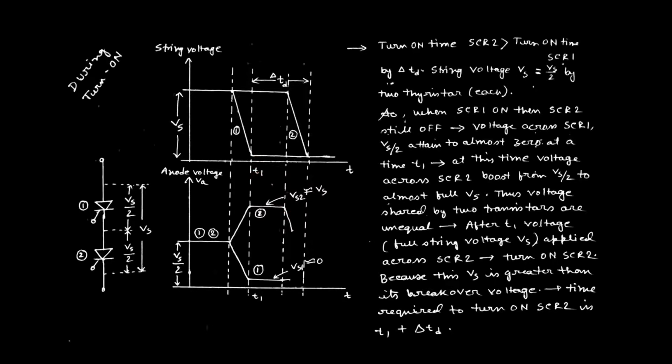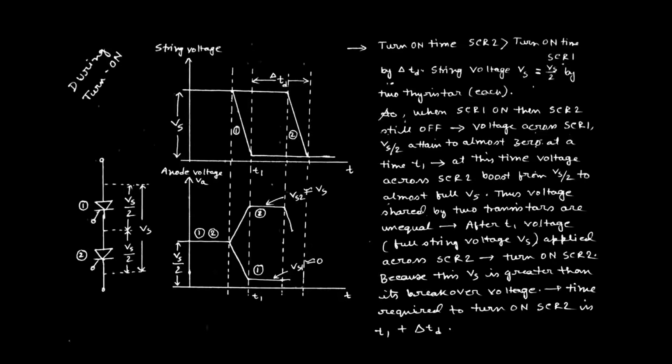Okay, suppose next, after a time delay that I mentioned before, defined by ΔTD, SCR2 will also be turned on. When SCR2 is turned on, the total string voltage falls, as both SCRs start conducting, and the string current can easily flow through both SCRs.